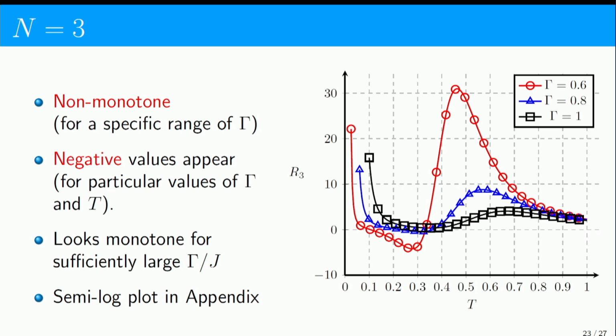Also in this case, non-monotonicity and negativity appear. If the transverse field is sufficiently large against the interaction strength, the monotonicity seems to recover.